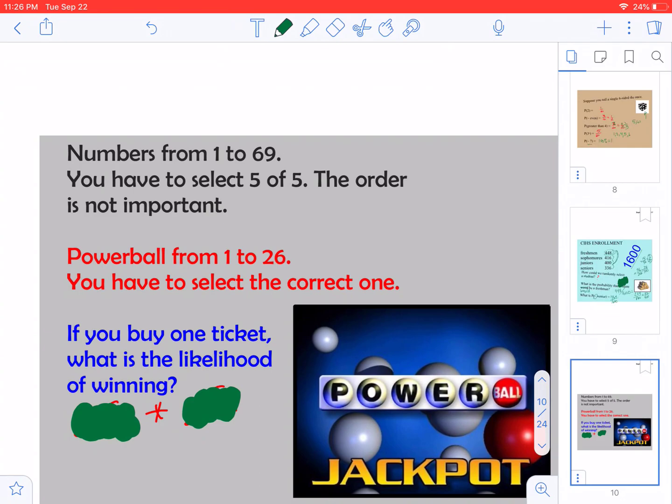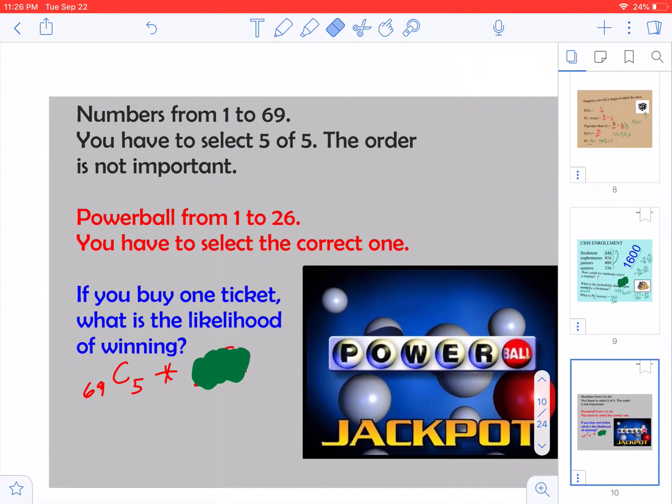Powerball jackpot. How do we know what is the likelihood of being the winning ticket? Well, we did the math the other day, and we would have 69C5 as the total number of possibilities. Plus, remember, we have the Powerball itself, which is one number out of 26.